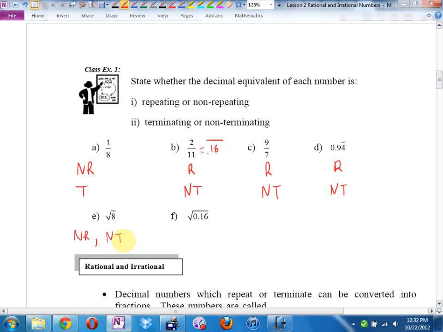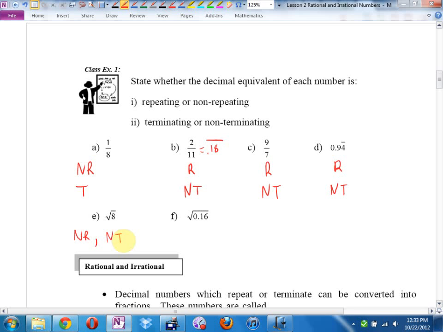Are all square roots non-repeating and non-terminating? All square roots that aren't perfect squares, that don't work out evenly. It either works out evenly, comes to a stop. If it goes off your screen, it's non-repeating and non-terminating.